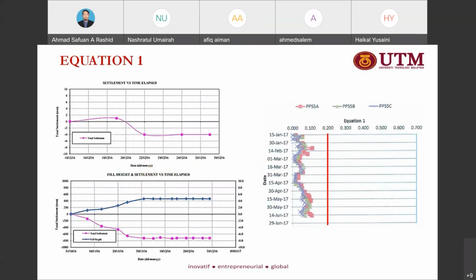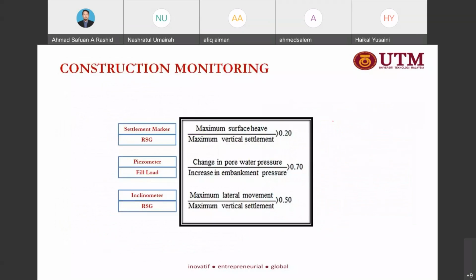For example, it should not exceed 0.2 for the maximum speed over the maximum vertical depth.